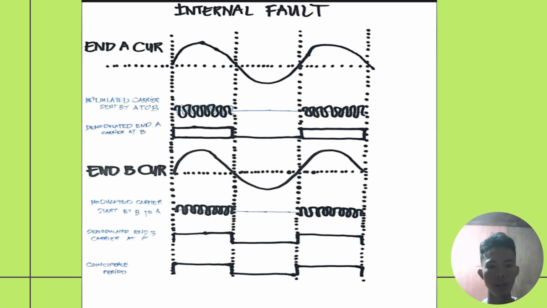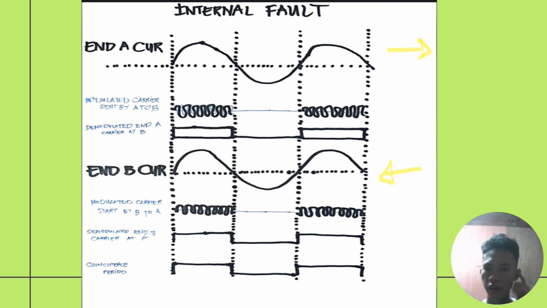Next we have the characteristics diagram in the internal fault condition. We will start here that when an internal fault happens, the direction of the fault current flowing from relay A is forward, and also the direction of the fault current in internal fault at relay B will be backward.